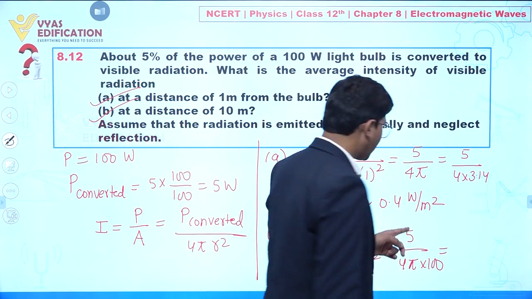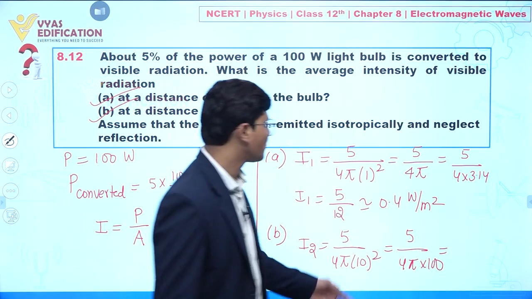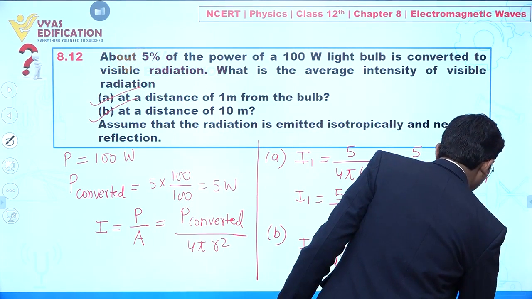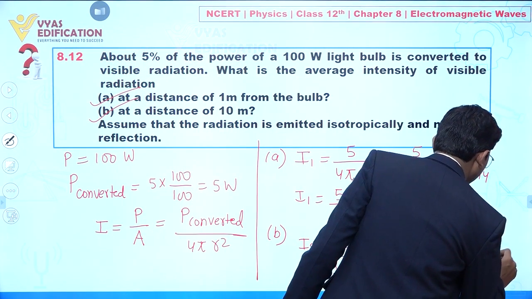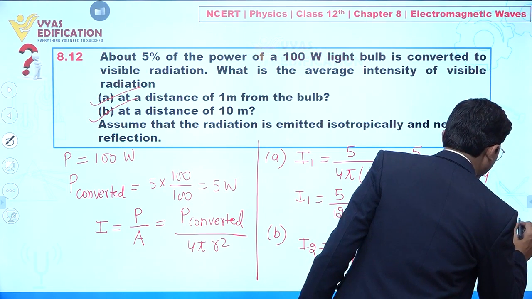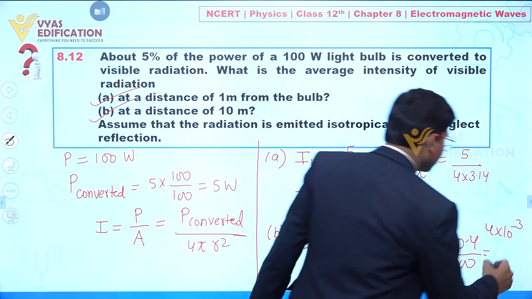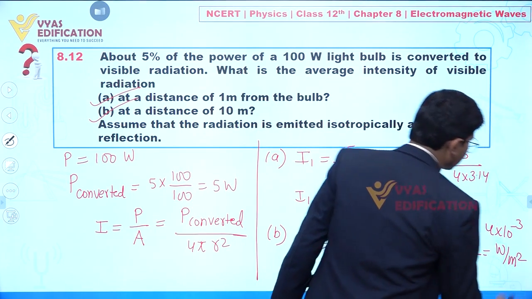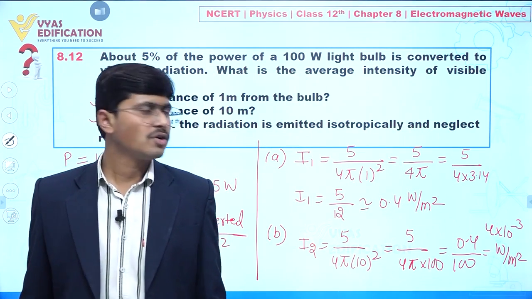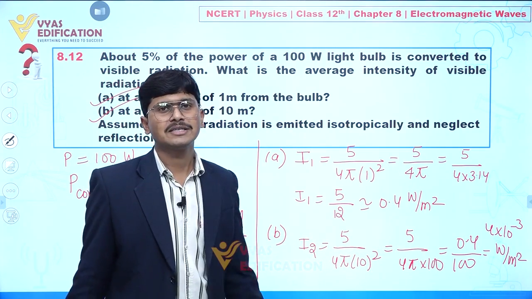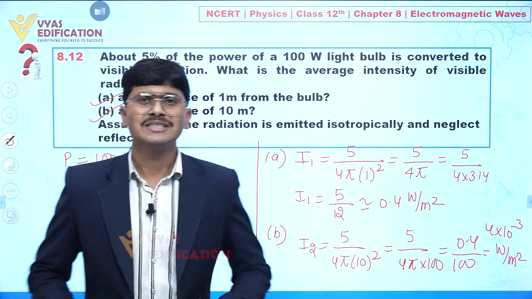Now 5 divided by 4 pi you have already solved, this is 0.4, so 0.4 divided by 100, so from here you can say this is 4 into 10 to the power minus 3 watt per meter square, clear to everyone. So this is all about this question, clear.